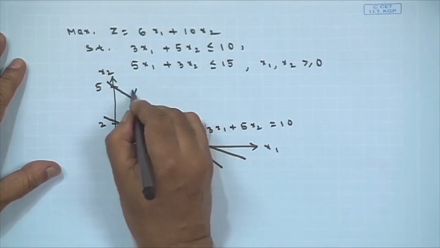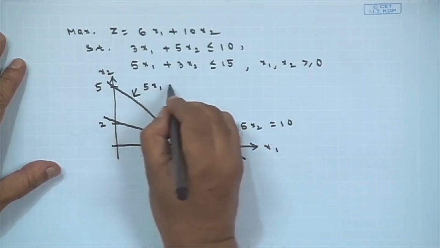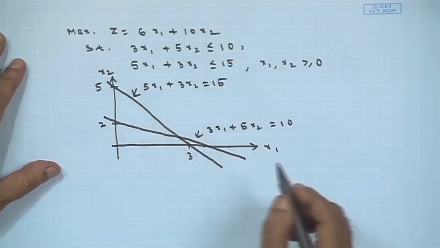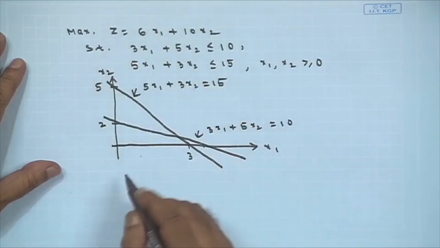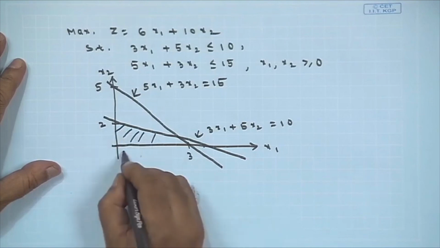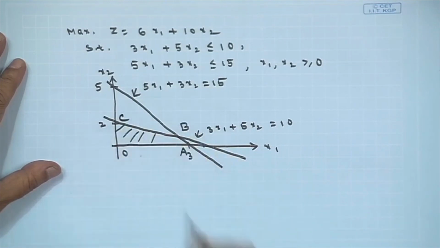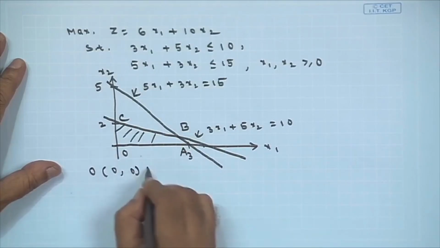So, here also both are less than equals. So, I am giving the direction, it is 5 x 1 plus 3 x 2, this is equals to 15. So, this is on this side. So, the feasible region is quite clear. Feasible region is this one. Extreme points are O, A, B and C. Your point O is 0, 0.